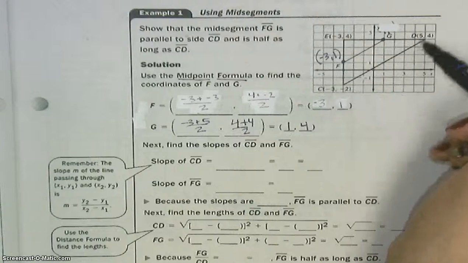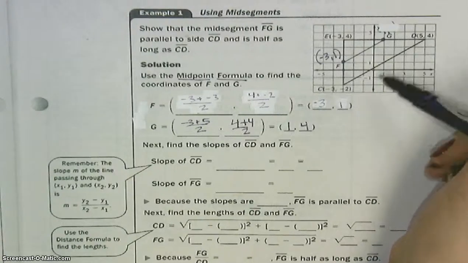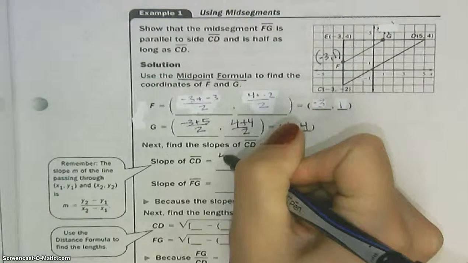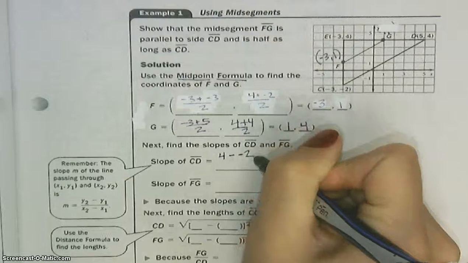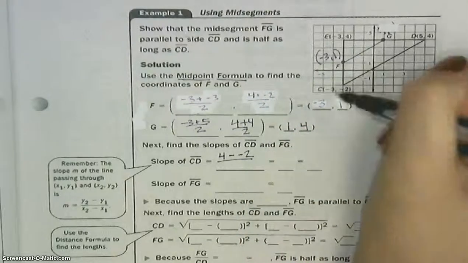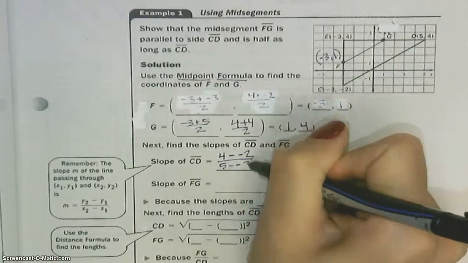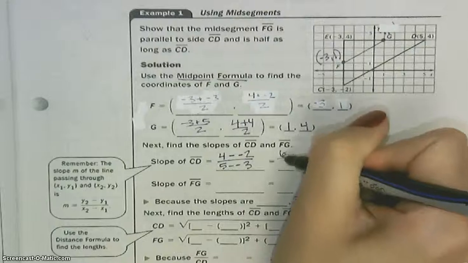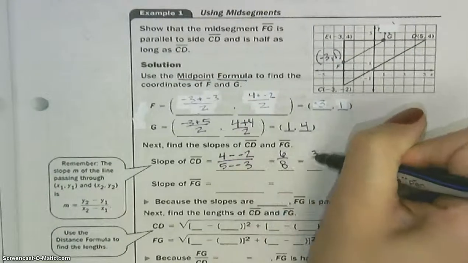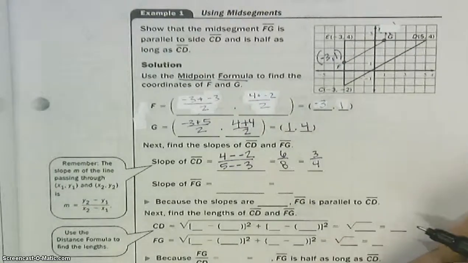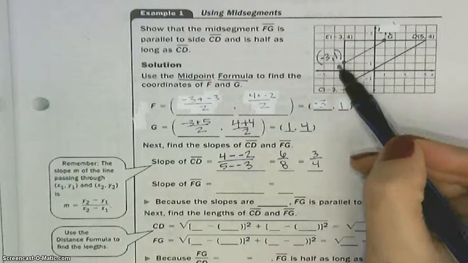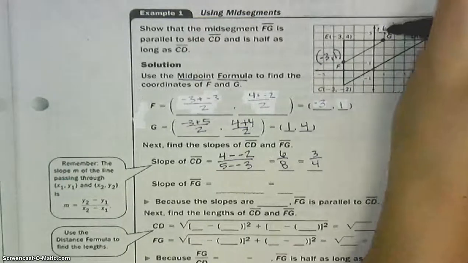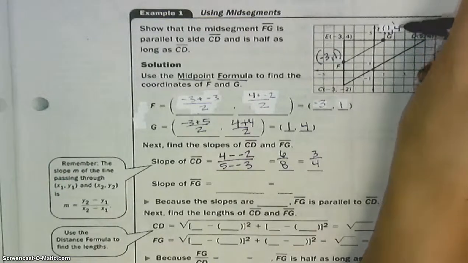The slope of CD, we're going to do y minus y, 4 minus -2, over 5 minus -3. So that's going to be 6 over 8, which reduces to 3/4. Now FG should have the same slope. Let's put G up here. We found that G was (1, 4).